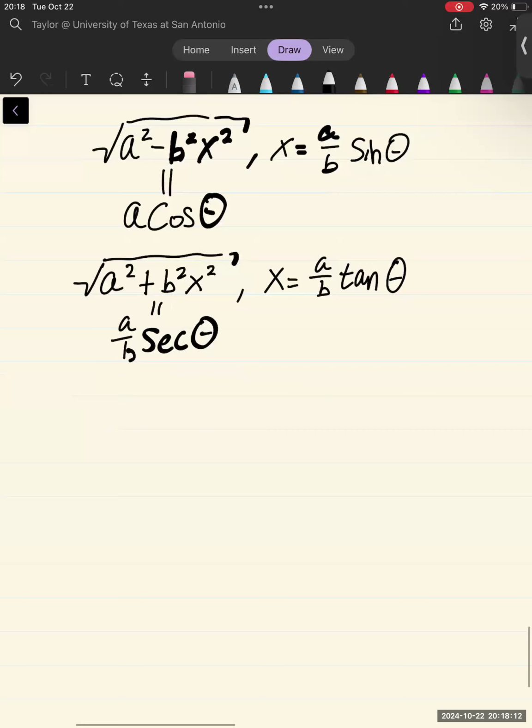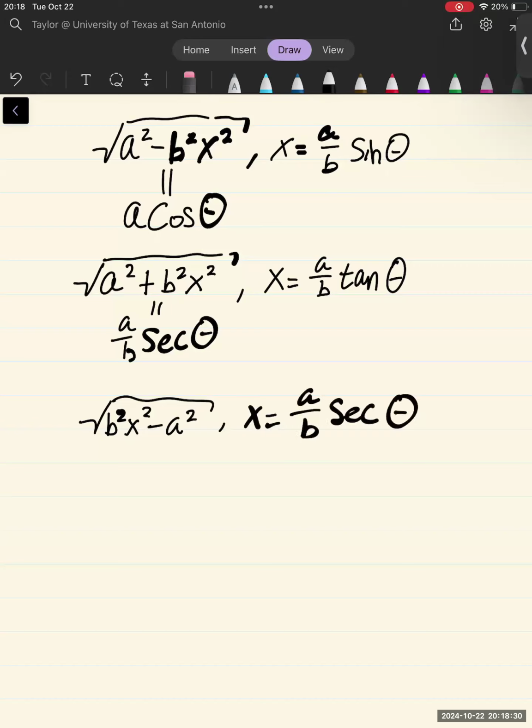And then the last one you're going to need to worry about is of the form b squared x squared minus a squared, where x equals a over b secant theta. And this radical here equals a over b tangent theta.